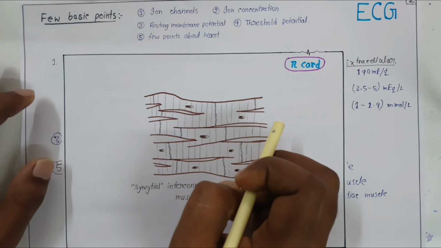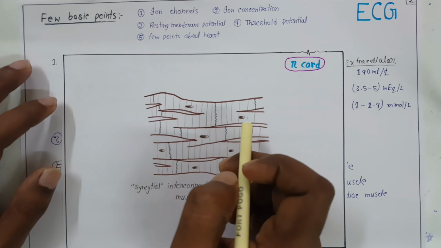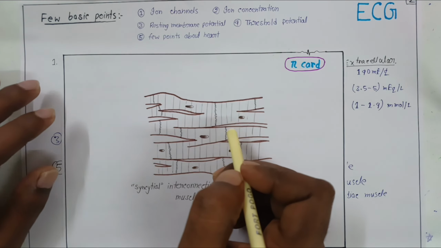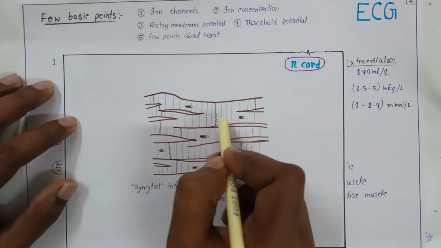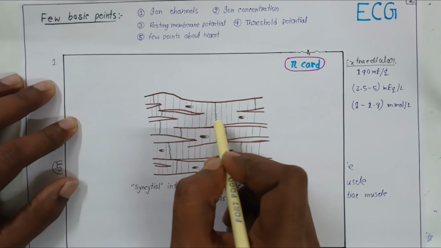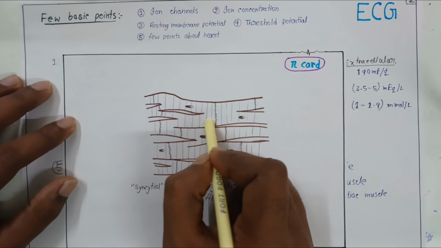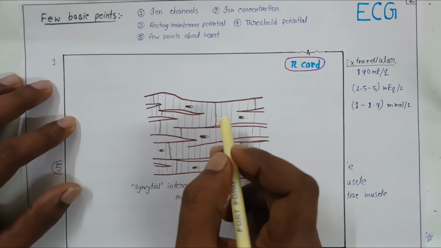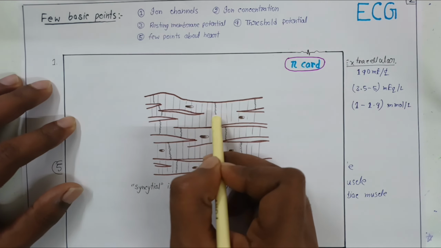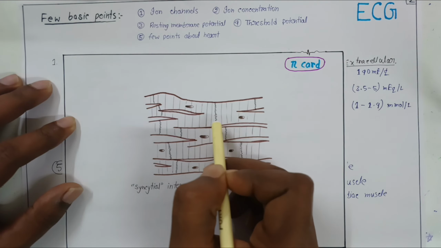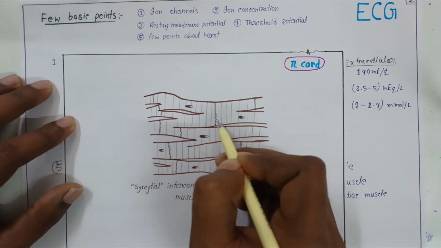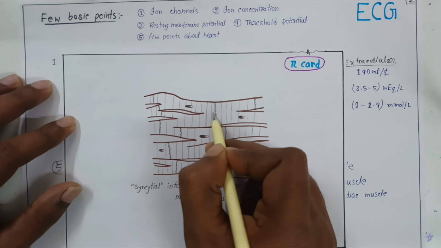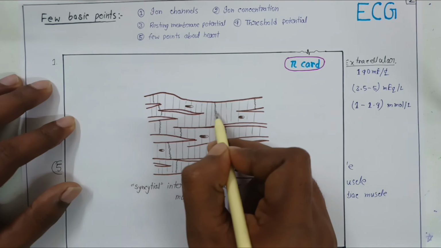At each intercalated disc, the cell membrane fuses with one another in such a way that they form permeable communications. So the intercalated discs are not solid or impermeable. They are actually permeable.